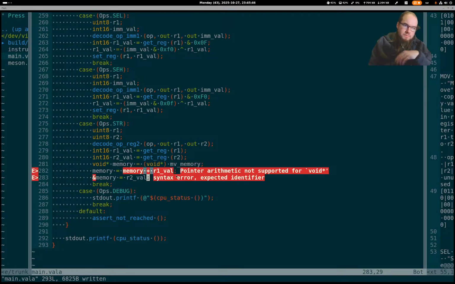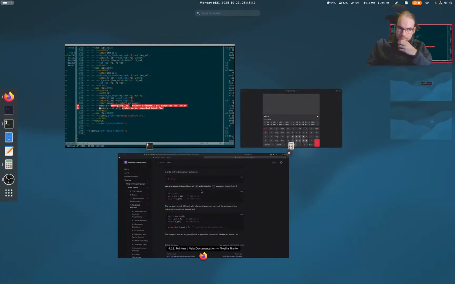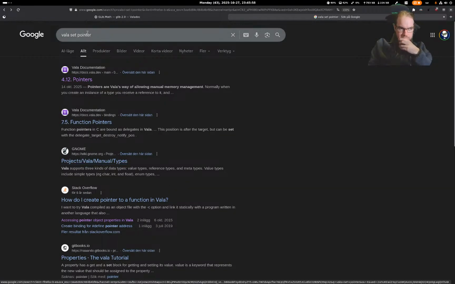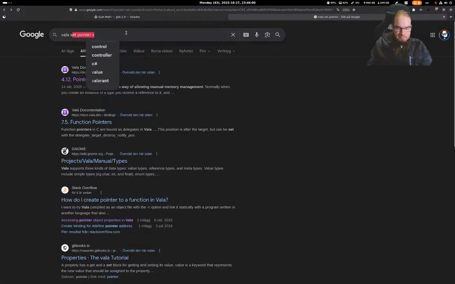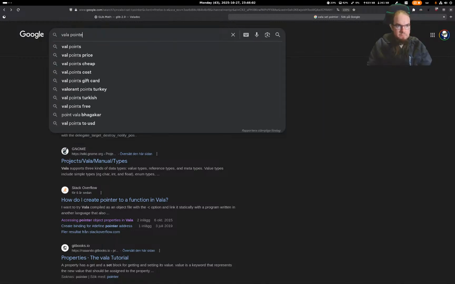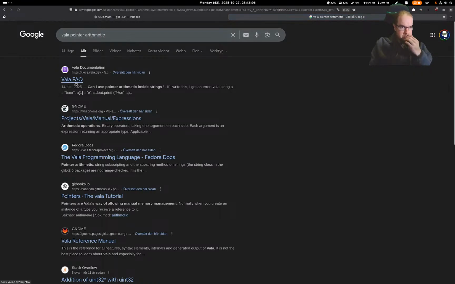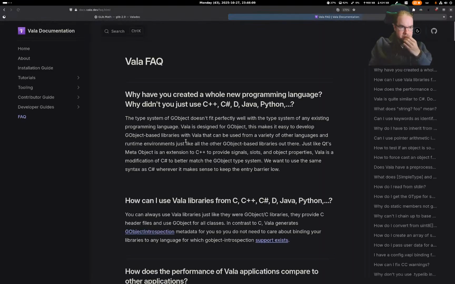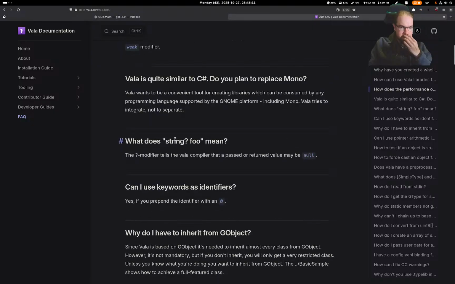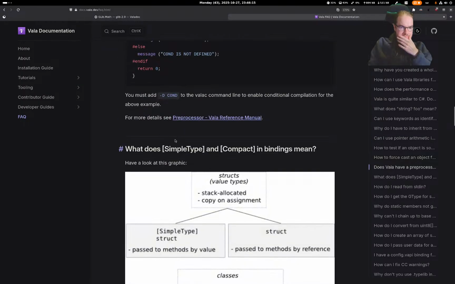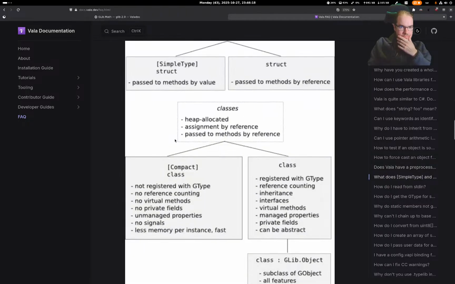Arithmetic not supported. Why? I have done pointer arithmetic before. Pretty sure I've done it before.